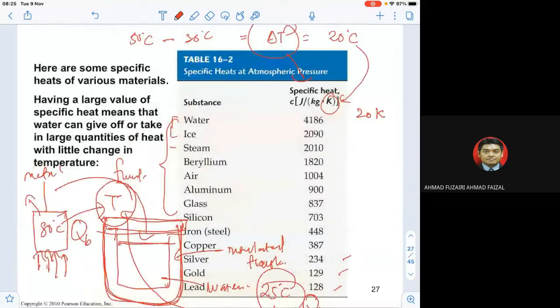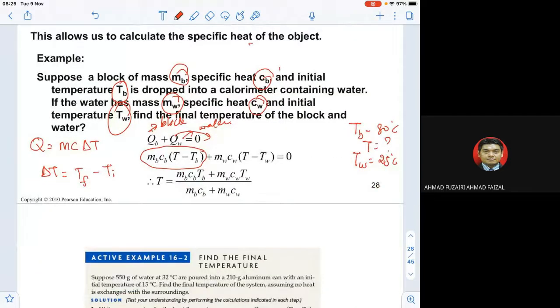So we can write MbCb(T minus TB), because T is the final and TB is the initial, plus MwCw(T minus TW), with Cw the specific heat of water, and that is equal to 0. That's how we can get T, the final temperature, from these equations.